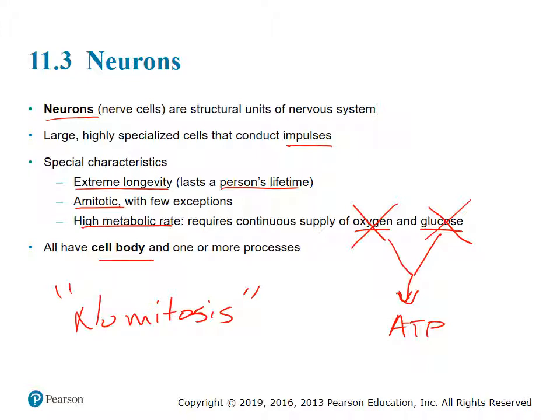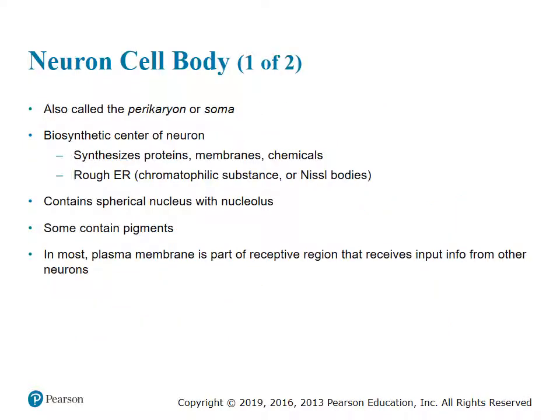Okay? All of them have cell bodies, with the exception of one or two more processes, right? Little divisions, if you will. So the body is the perikaryon, or the soma. We call that the cell body of a neuron.